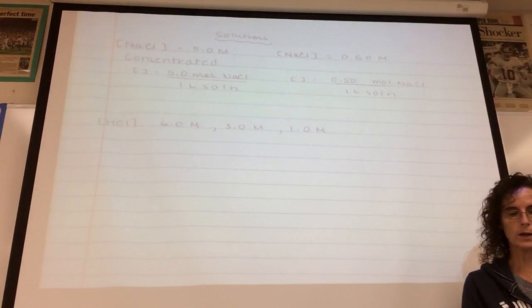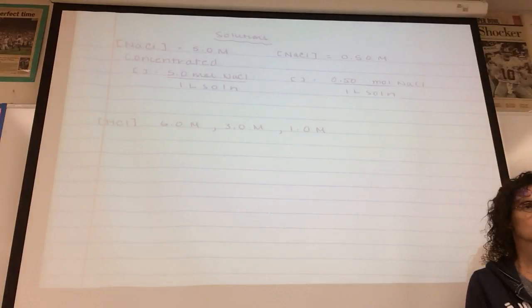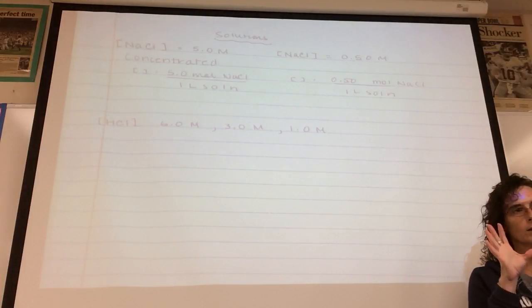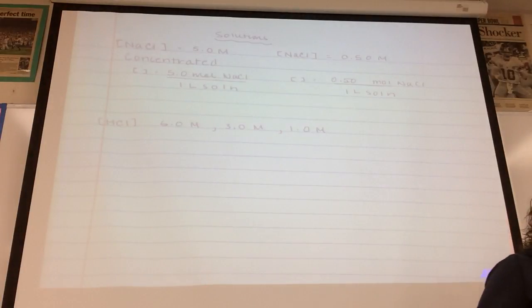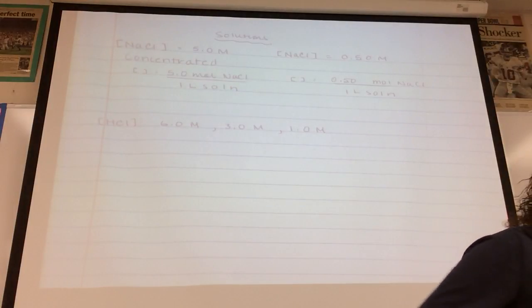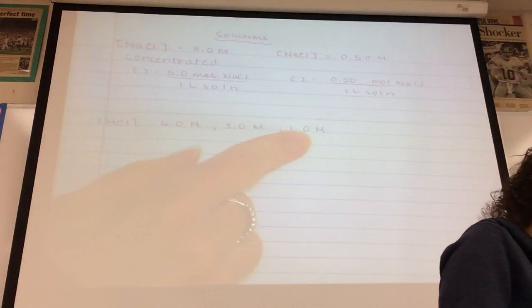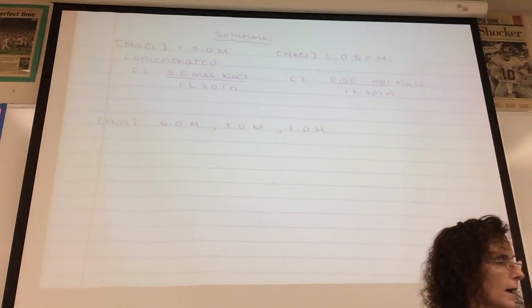Which of those is the most dilute? 1 molar. How come? Because it has the least amount of hydrochloric acid and more water. But the same volume throughout, correct? Yes. All right, so the total volume in each case will be the same, but this solution will have fewer moles of solute than this one, okay?